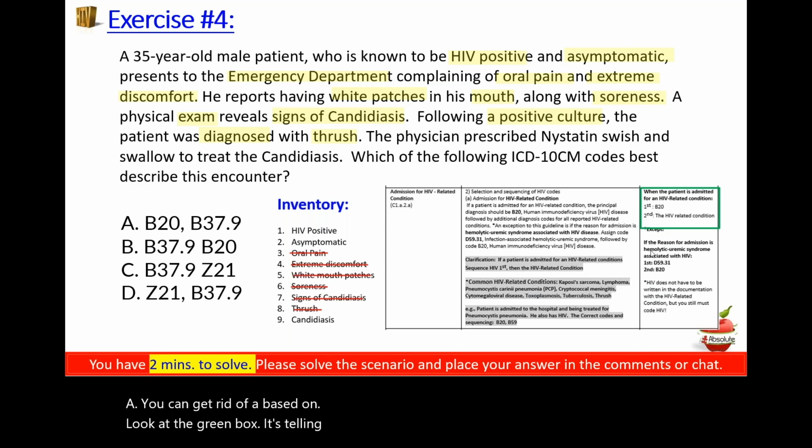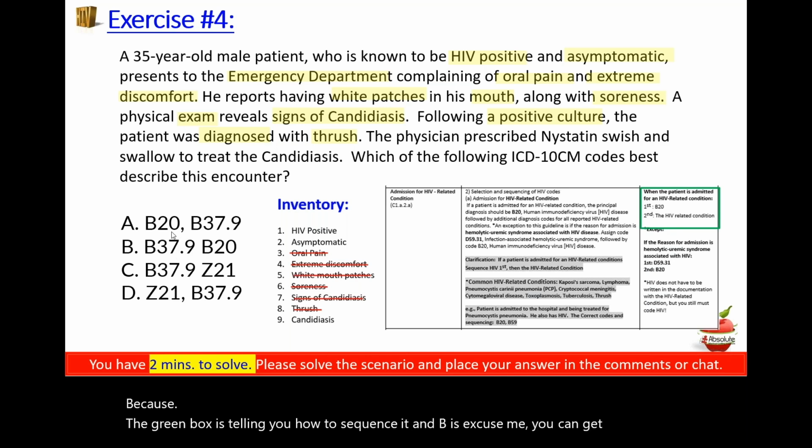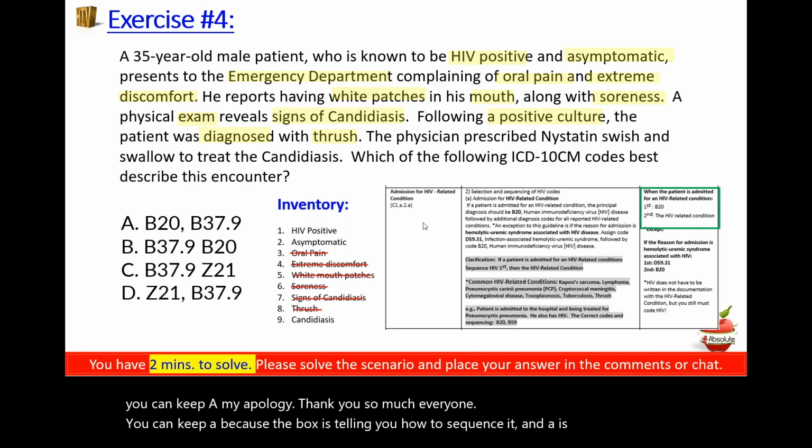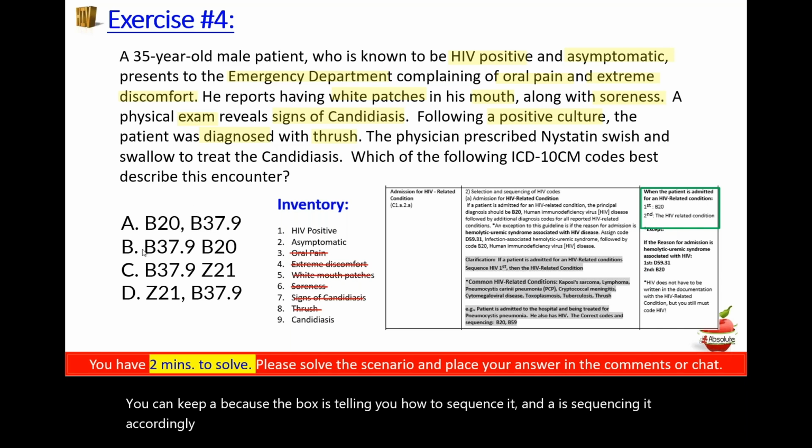Look at the green box. It's telling you how to sequence it. You can get rid of B because the green box is telling you how to sequence it, and B is, excuse me, you can keep A. My apology. Thank you so much, everyone. You can keep A because the box is telling you how to sequence it, and A is sequencing it accordingly. B is sequencing it incorrectly.